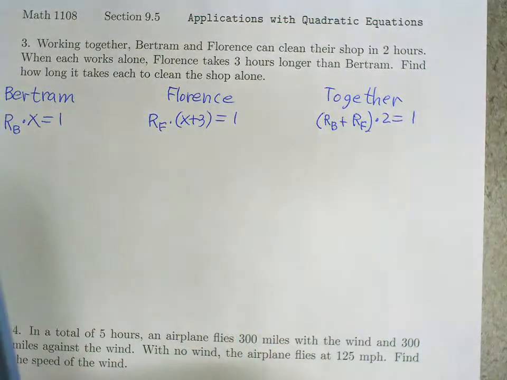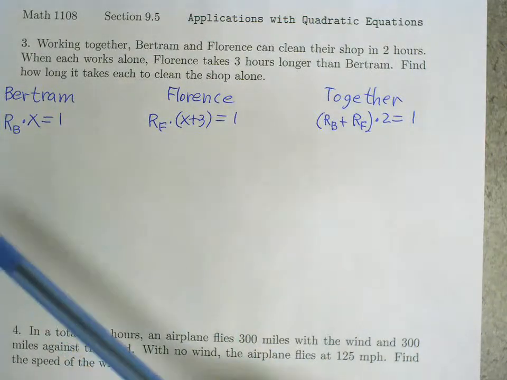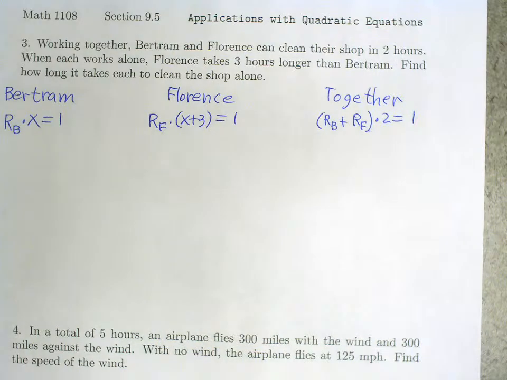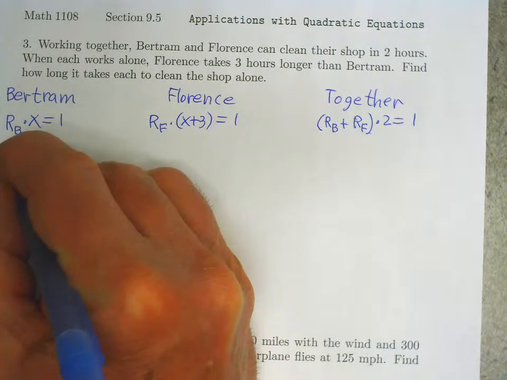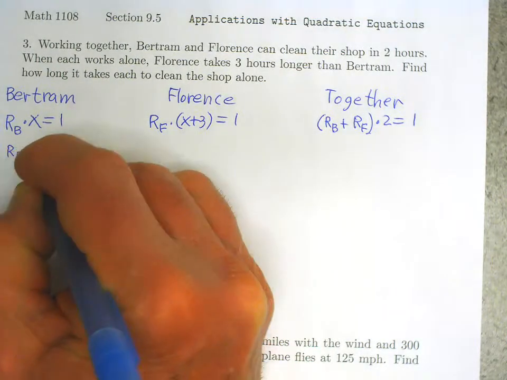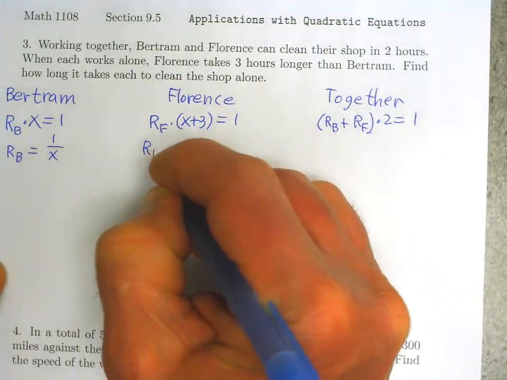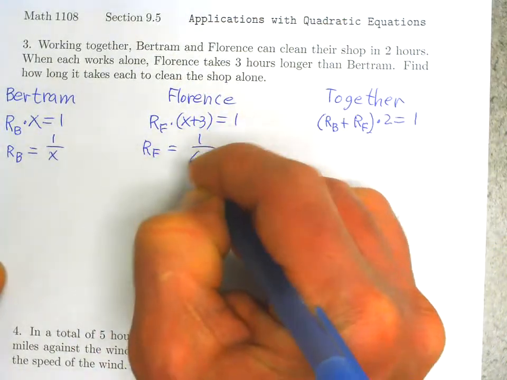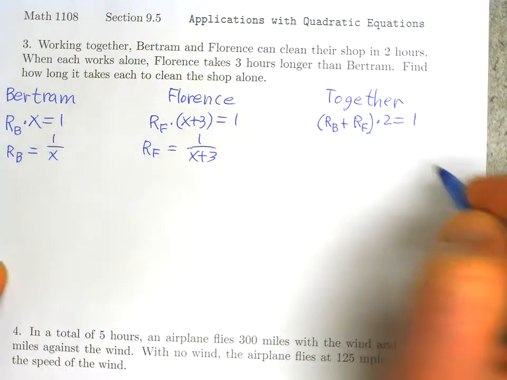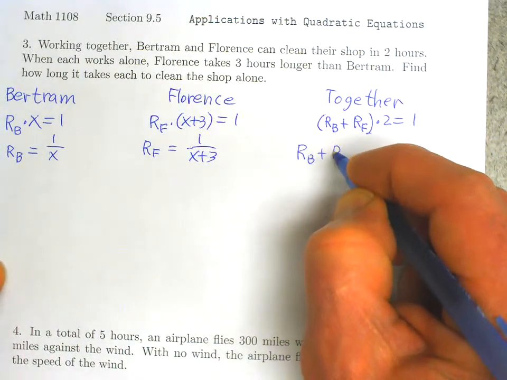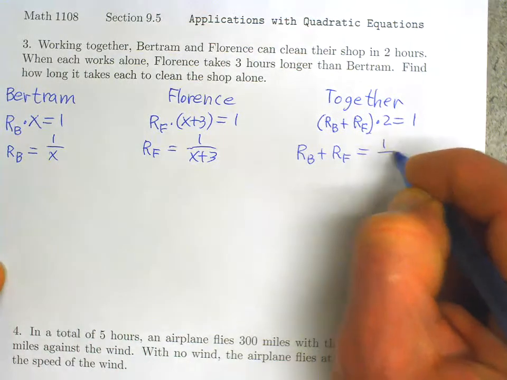Okay, so for each of the three scenarios, we have equations, each having the form rate times time equals 1. So we'll solve each of the equations for the rate. Bertram's rate is 1 over x. Florence's rate is 1 over x plus 3. And Bertram's rate plus Florence's rate is 1/2.